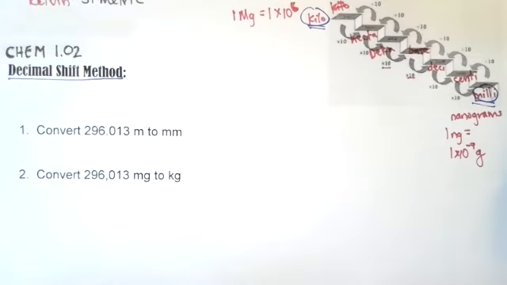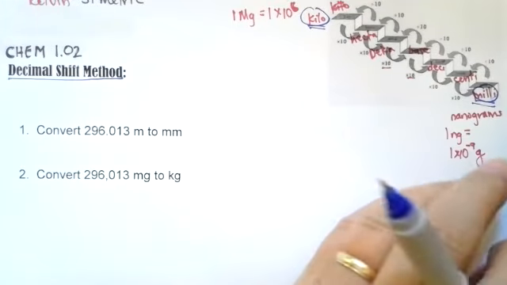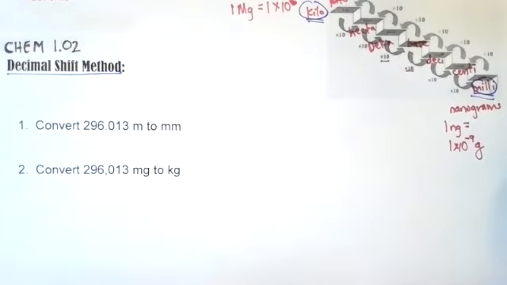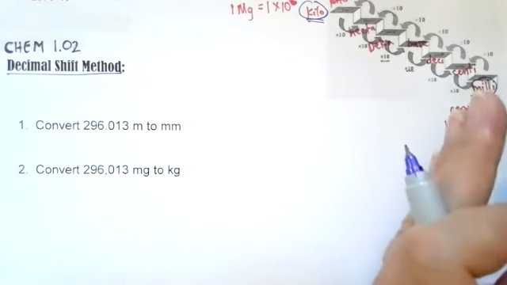One of the tips that I have students use is a little mnemonic. If you haven't done this in a while, I recommend you write your prefixes from left to right.